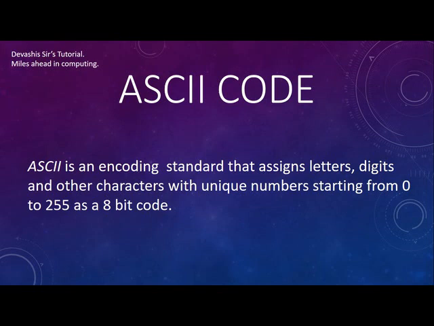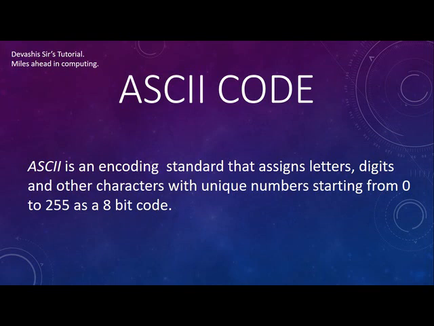That includes capital letters, small letters, different symbols like question mark, greater than, less than, all these symbols. And from 128 onwards till 255 are for characters which are specific to a particular computer system. So each computer system may be different from each other.